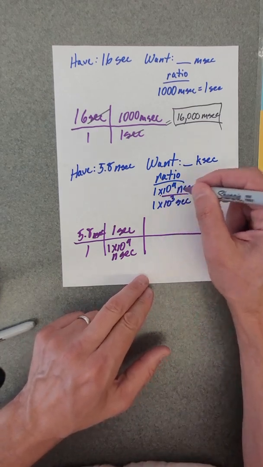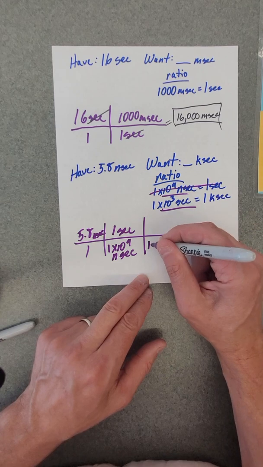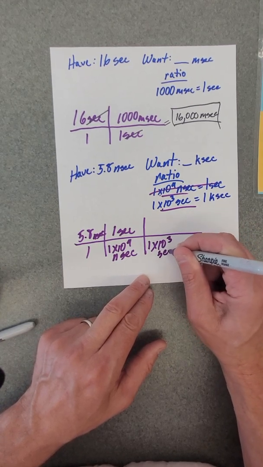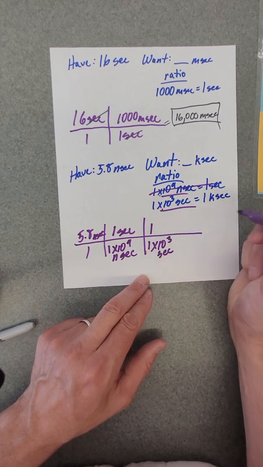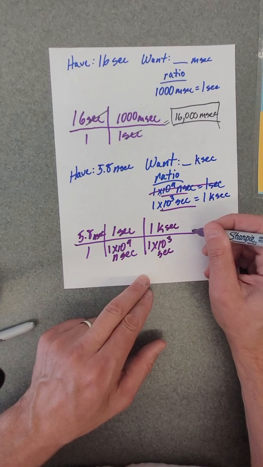So I'm going to use this one right here. I've already used that one. 1 times 10 to the third, and that's going to be in seconds, and that's 1 kilosecond.